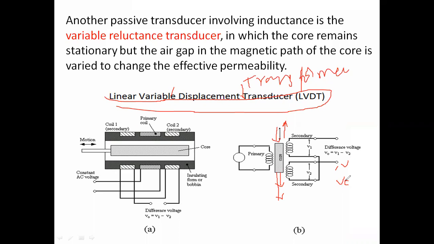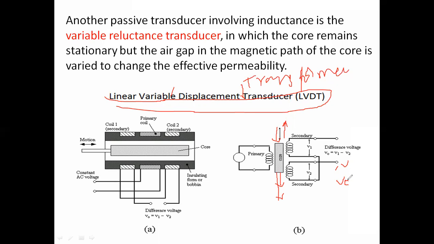Okay, so like this we can have output voltages which correspond to the core position. The core will be moved up and down depending upon the applied displacement. Here you can identify that when the core is moving in the downward direction, we get a negative sign.